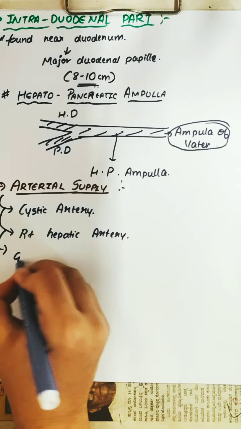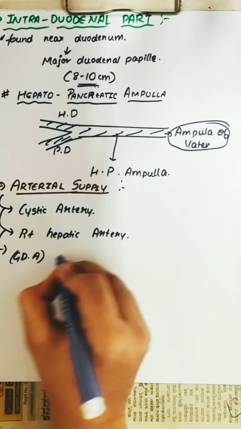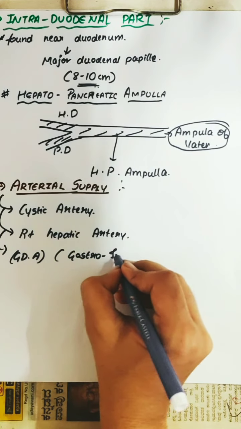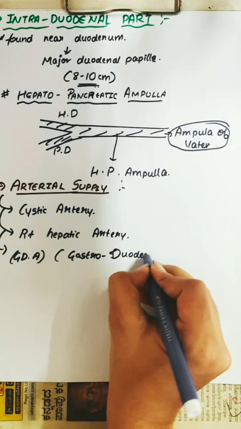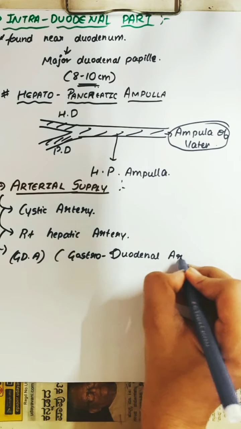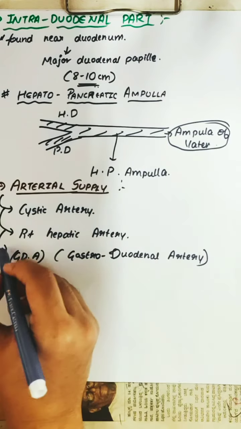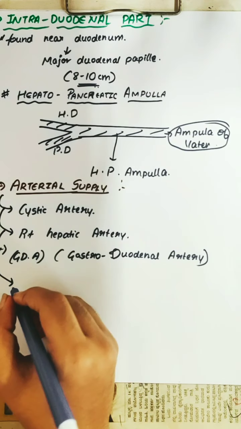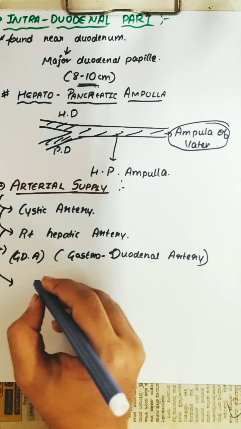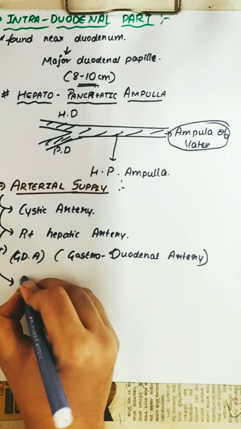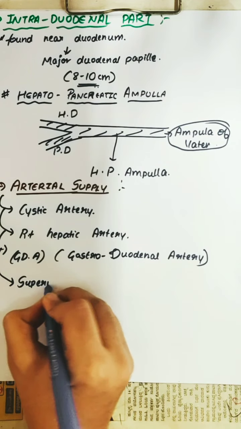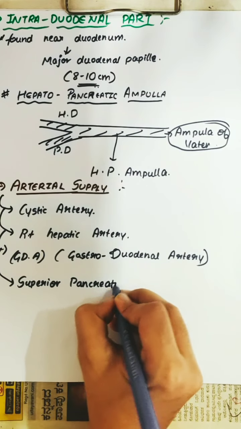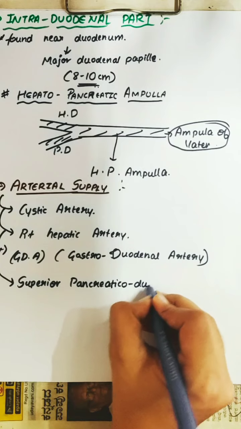Then comes the GD artery, the gastroduodenal artery, and finally the superior pancreatico-duodenal artery. The superior pancreatico-duodenal artery is the major site for hemorrhage.